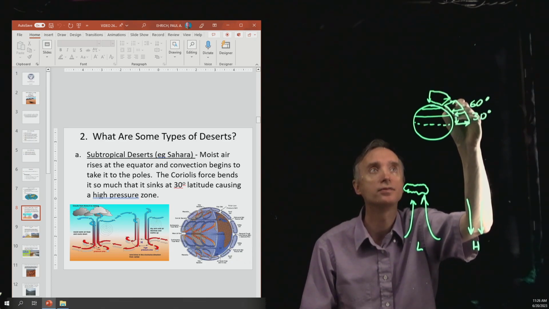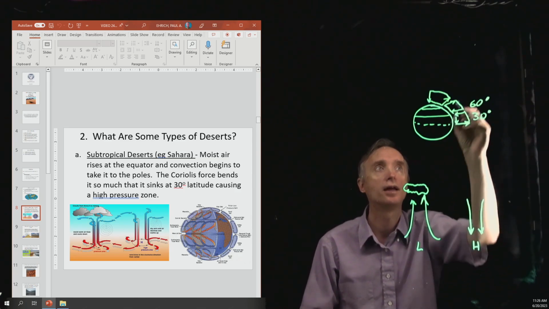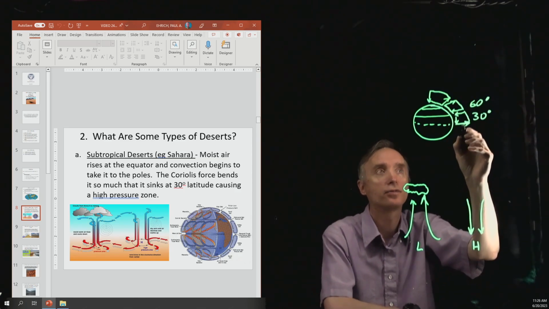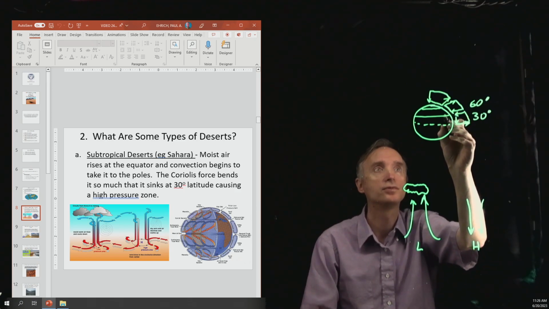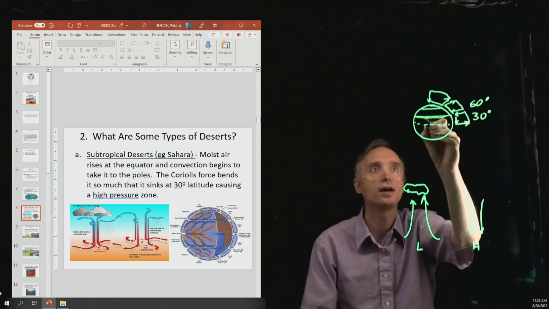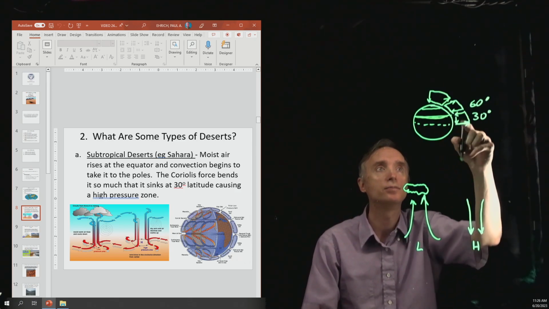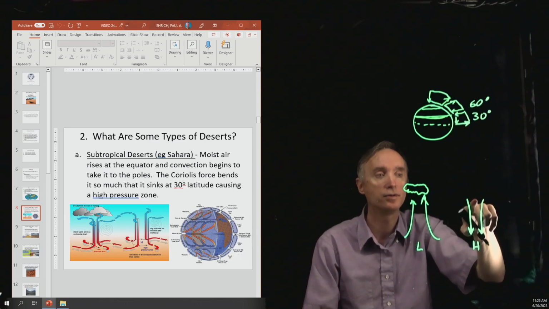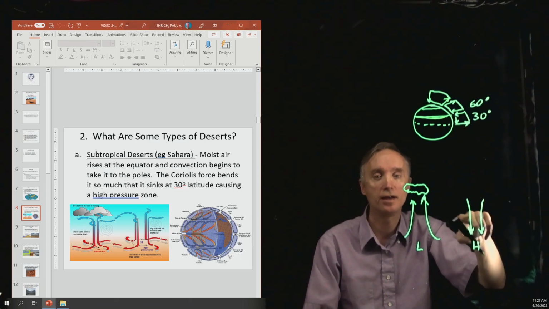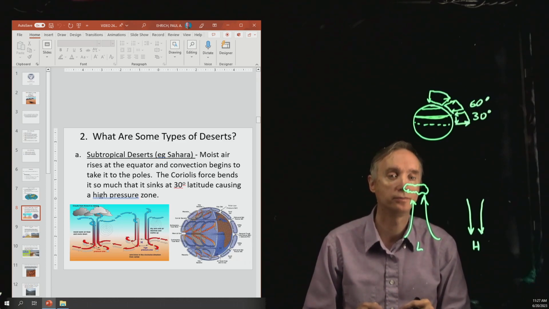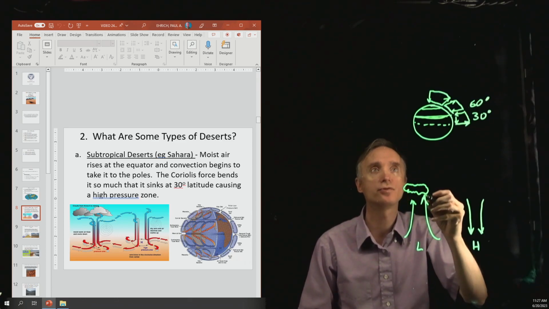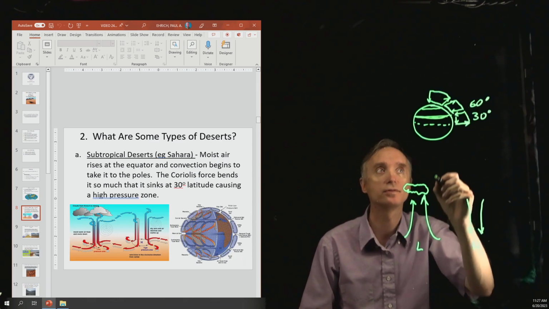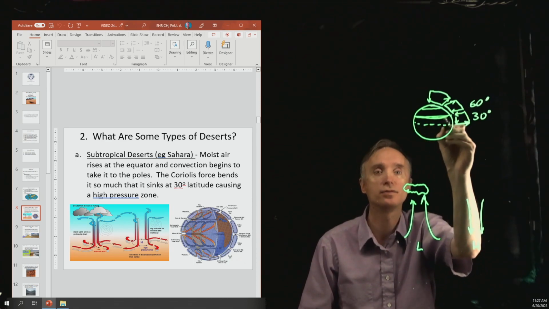Then there's one more convection cell up here, and at this one the air is going up. So right here at 30 degrees latitude, air is coming down. Air is coming down, so that means no cloud formation. So you're going to have major bands of deserts at 30 degrees latitude.